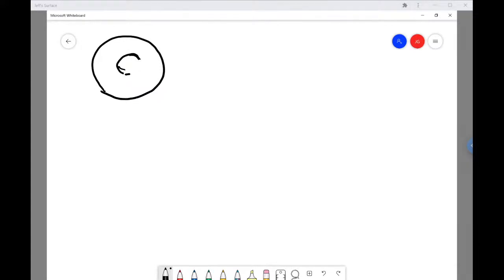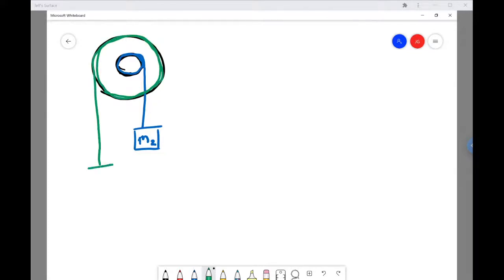This one's got a mass wrapped around it, so there's a string wrapped around it, and the mass hanging down on this side. Call that M2. And the outer wheel has a string wrapped around it and a mass hanging down on this side called M1.